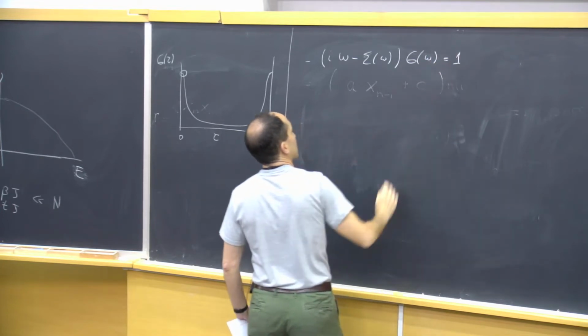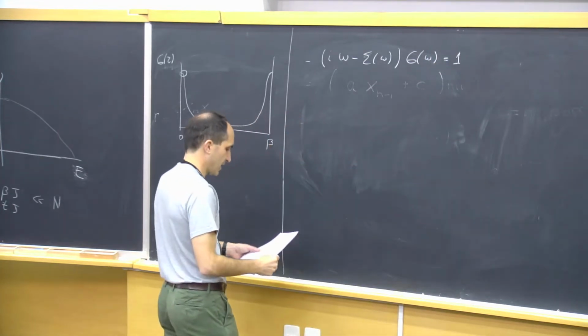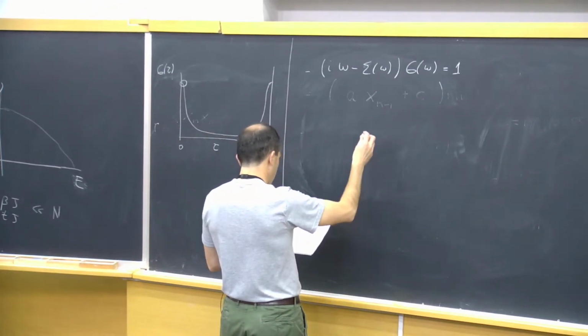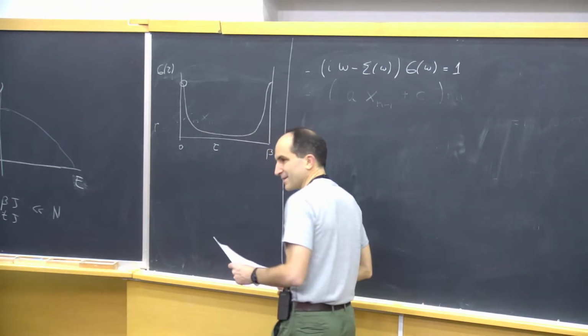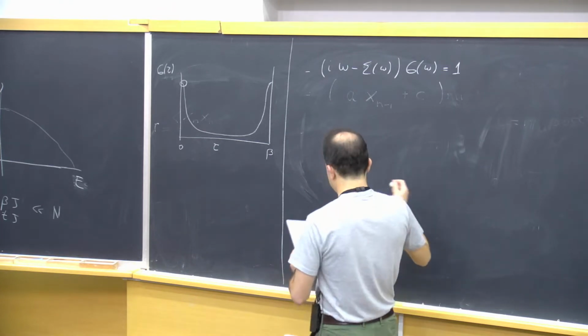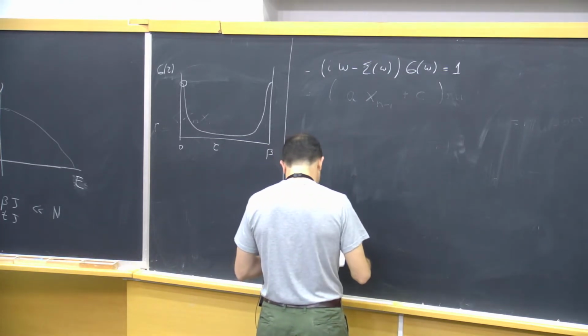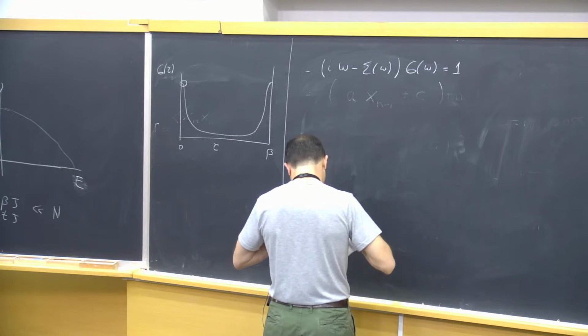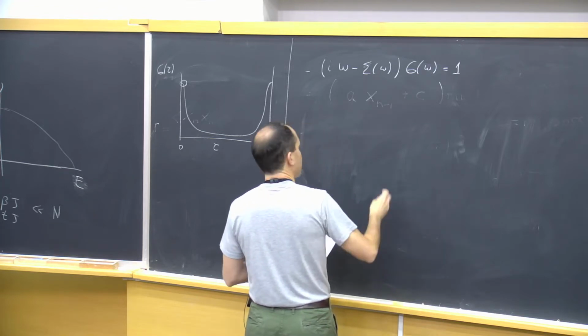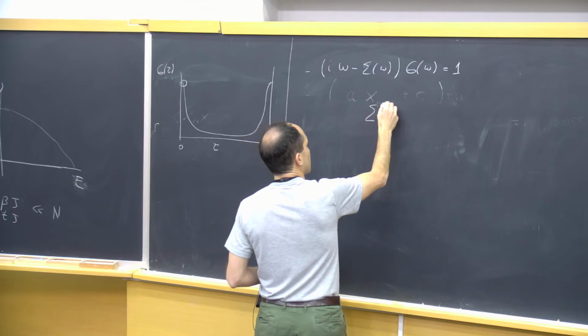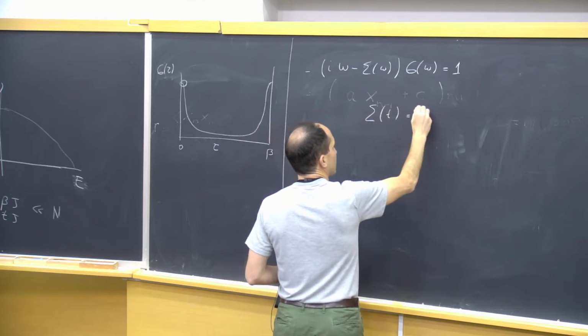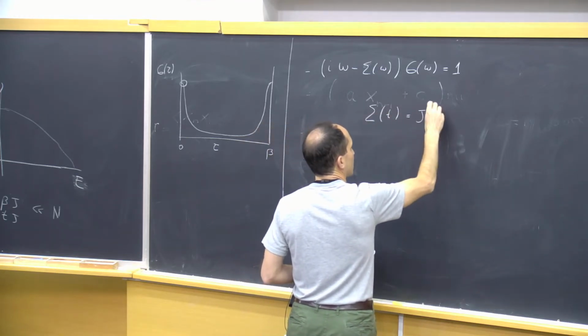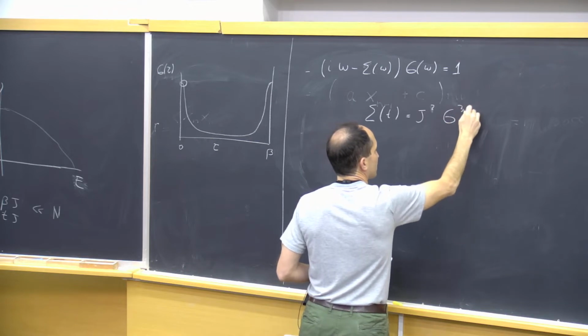This was an equation in Fourier space, and then we had an equation in real space, which was of the form sigma of t is equal to J squared G cubed of t.